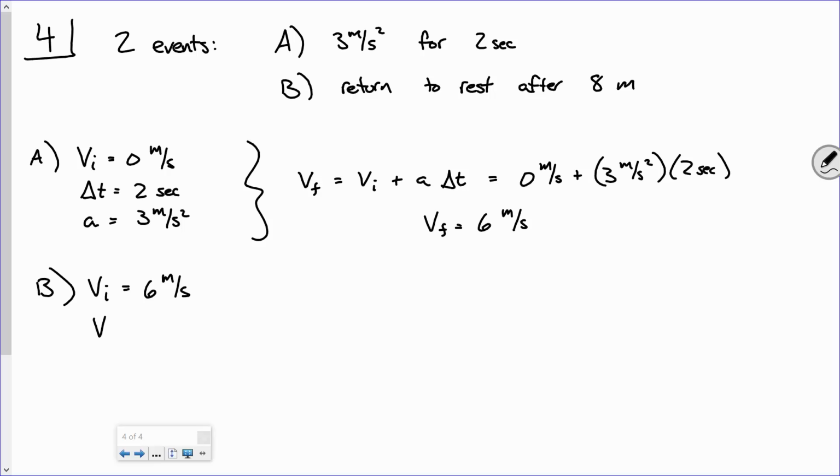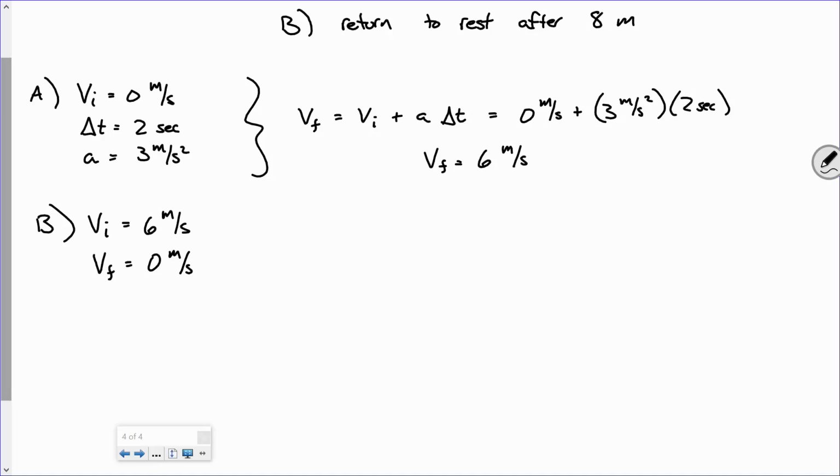I return to rest after a distance of 8 meters. So my final velocity is going to be standing still. What about my change in distance? 8 meters. Make sense?